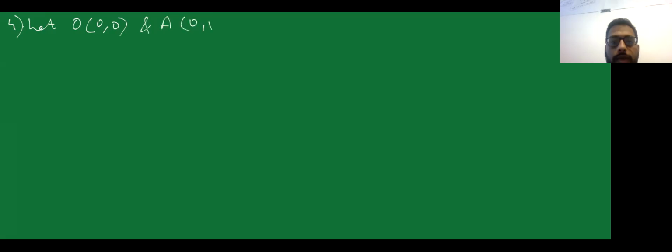Let's see the next question. This question was again asked in your 2020 exam. Let origin O and point A be the two fixed points.